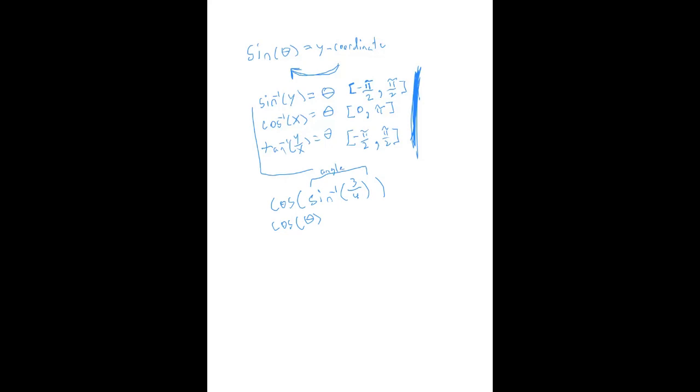I need to know cosine of some angle, we call it theta, where theta is sine inverse of 3 over 4, which is just defined to be the angle theta, such that sine of theta is 3 over 4.